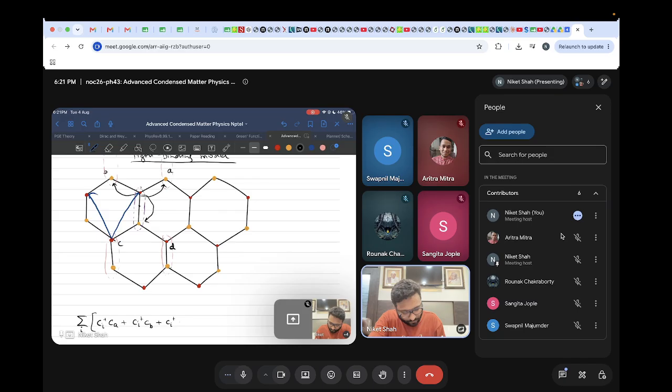This is within the unit cell, right? Because the yellow atom lies within the unit cell.